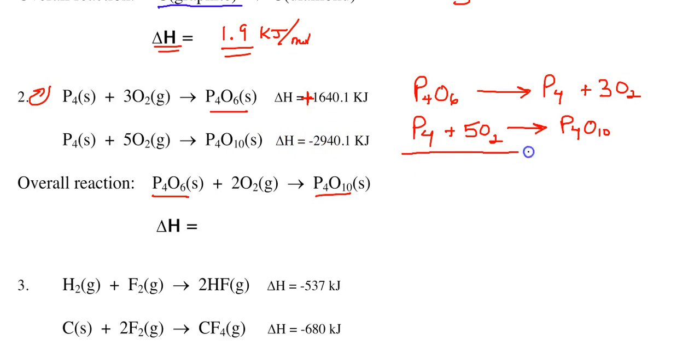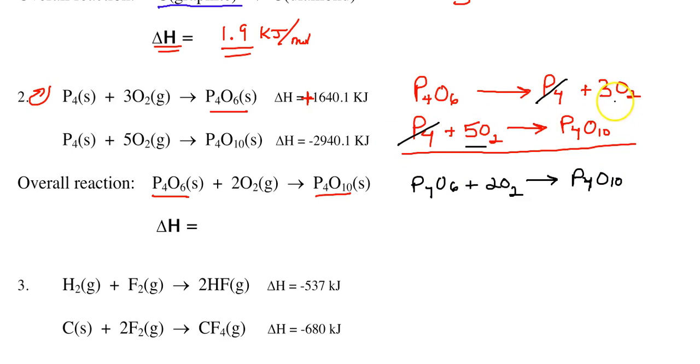Now, what am I trying to do? Well, I'm trying to write this overall reaction: P4O6 plus 2 oxygens gives me P4O10. I know that my P4 cancels, and I have 5 oxygens and 3 oxygens.